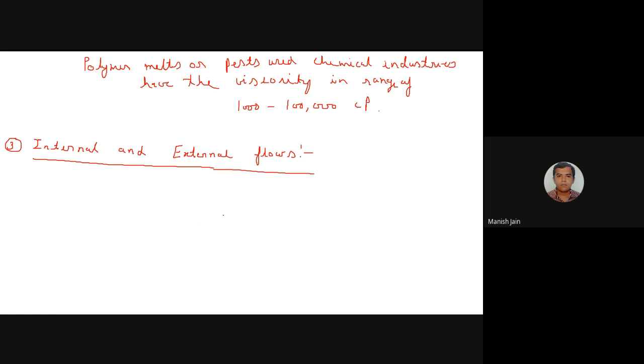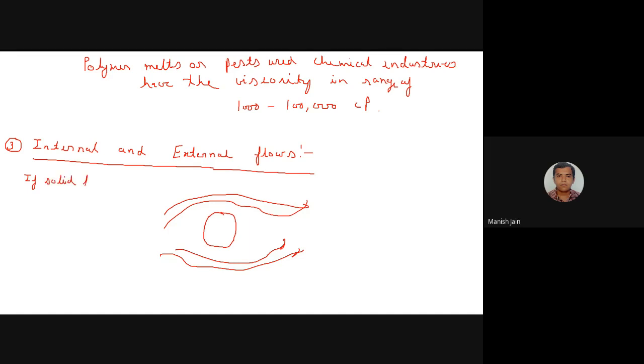Basically, when a solid body is surrounded by a flowing fluid, that is called the external flow.